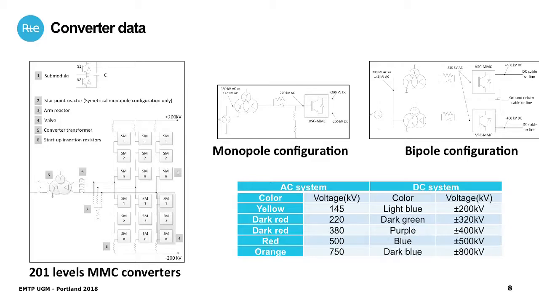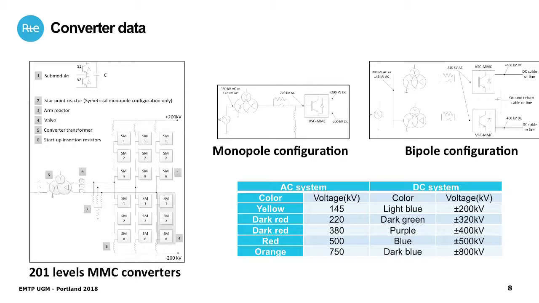So now we'll give you some more detail on the data we use for this test system. Most of the data come from the previous DC grid test system. We have 60 pages of description of the data, control, and equipment in this brochure. So most of the data come from this technical brochure.